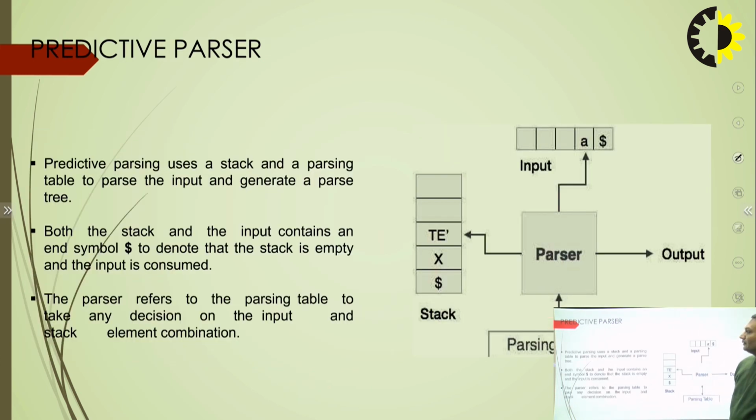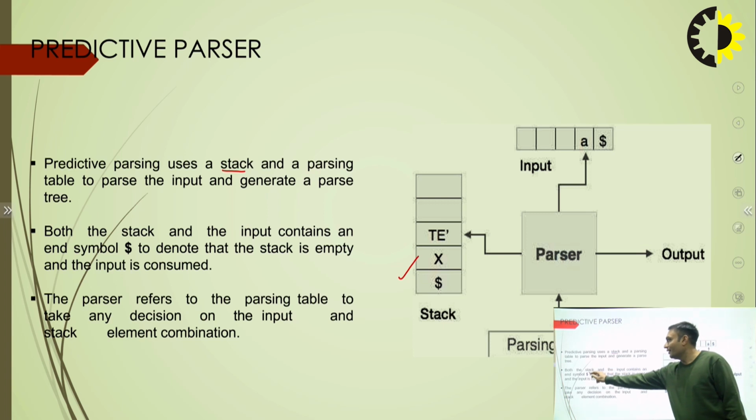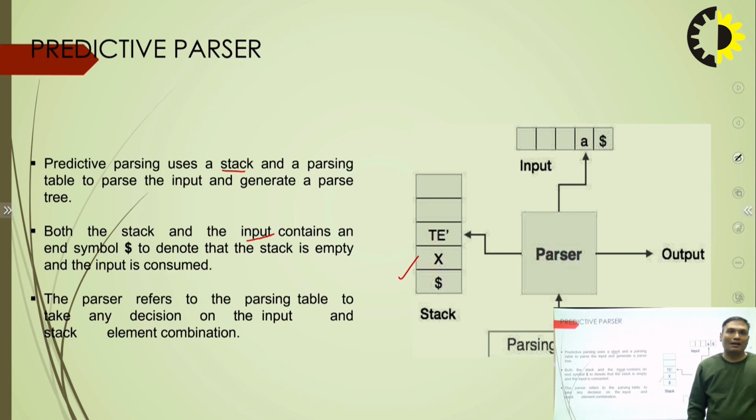The predictive parser uses a stack and a parsing table to parse the input and generate the parse tree. So there is a need of a stack. Both stack and input contain an end symbol, dollar, to denote whether the stack is empty or not.